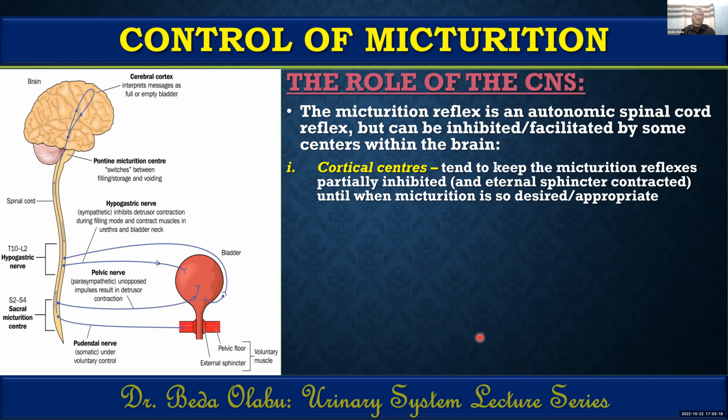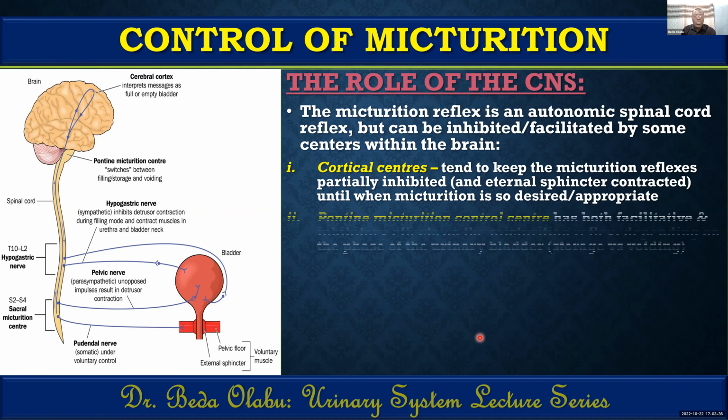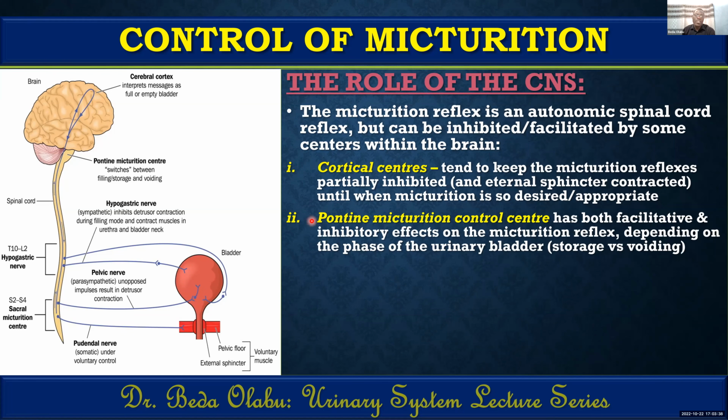The cerebral cortex also helps to contract the external urethral sphincter. So it keeps it in a contracted state until micturition is desired or appropriate in the social setup that somebody is in. Again, another center that controls micturition is the pons.